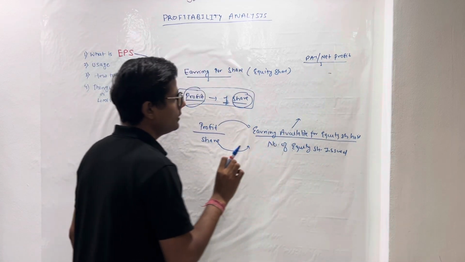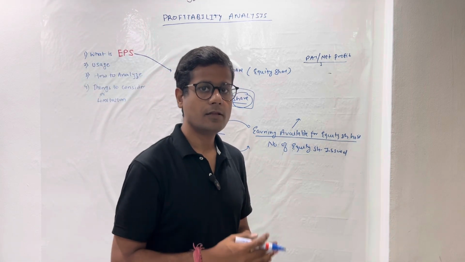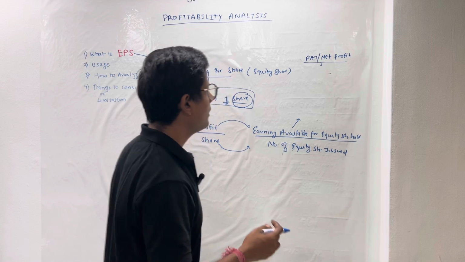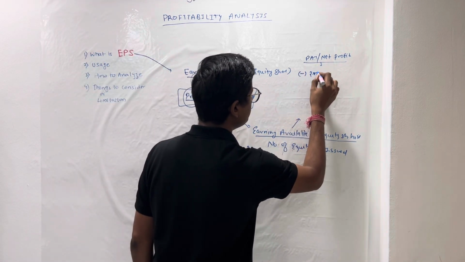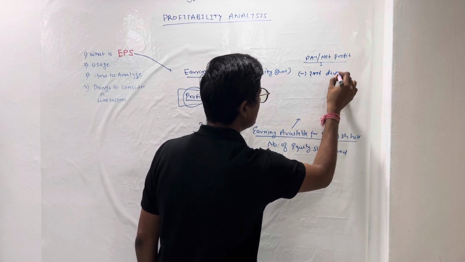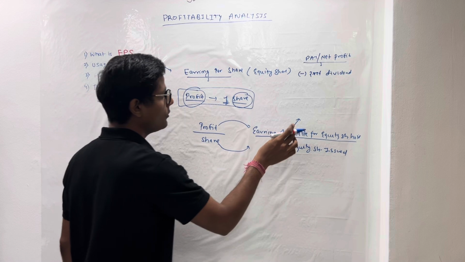But if the company has any preference shares in its balance sheet, then from PAT or net profit, first the preference dividend is deducted, because that has to be given to the preference shareholders.